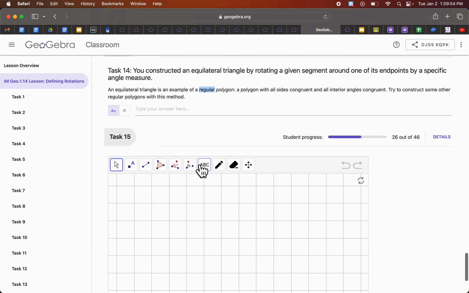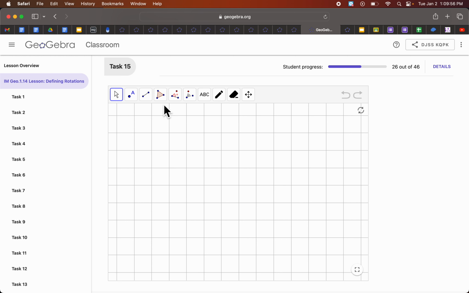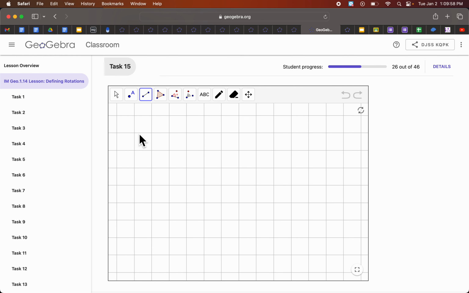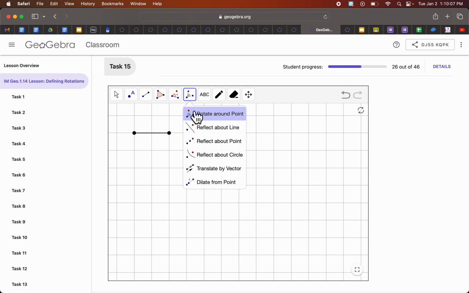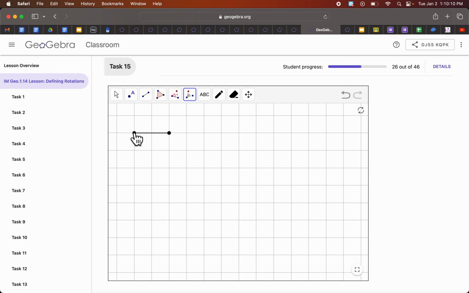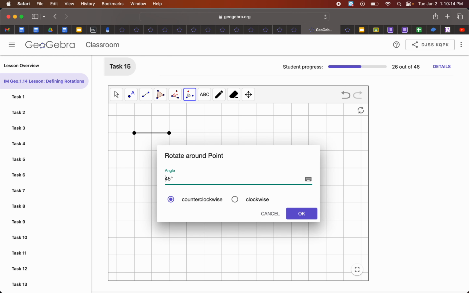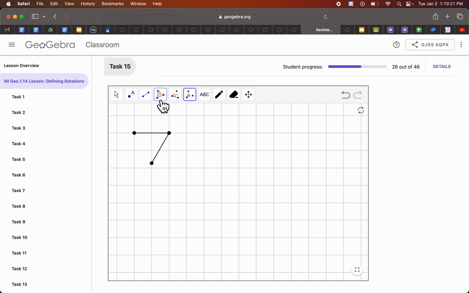Okay, so we're going to take a line segment and make it 2 squares long. We already did the thing where we rotated this object around this point by 60 degrees, going counterclockwise, and then we have our polygon.